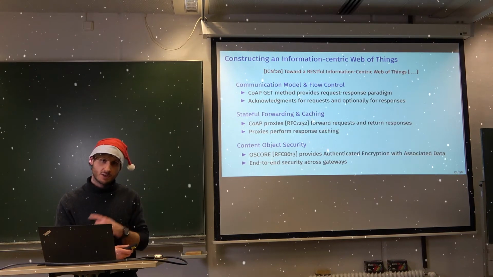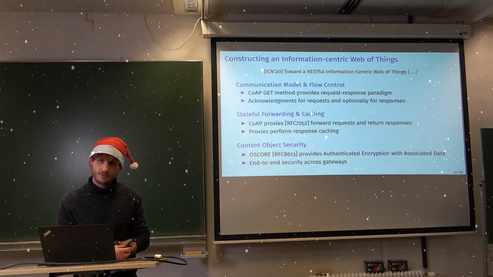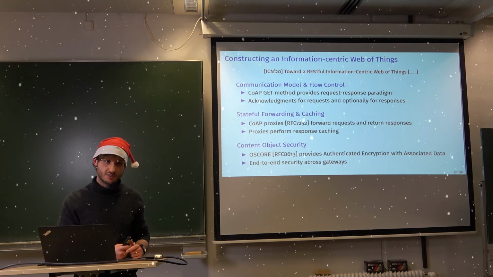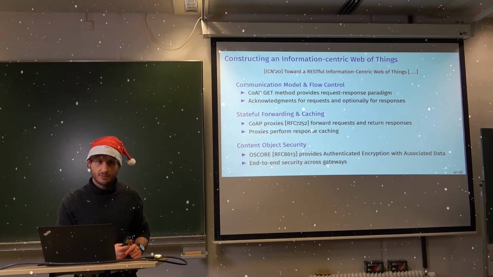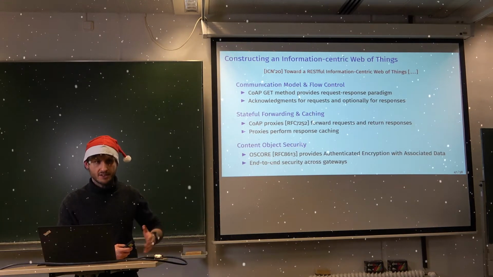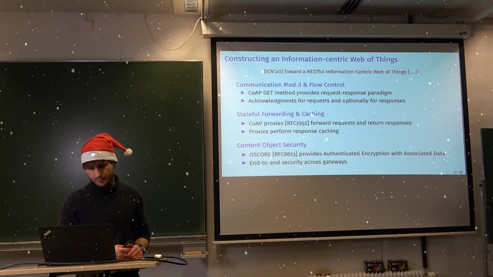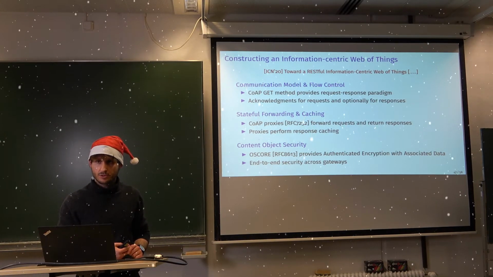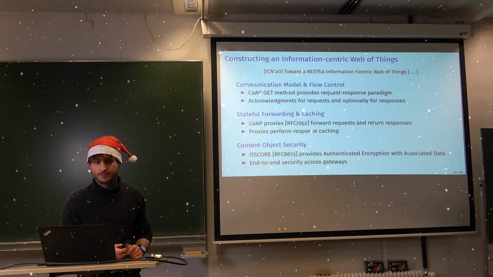So you can revalidate content from an upstream node without sending the content down. You can just create a hash and ask if the hash is still valid, and then the producer just says yes or no instead of providing the whole content again. And this is a completely missing feature in NDN. I'm not yet sure if it is possible to move it to the NDN world, but I will definitely try.